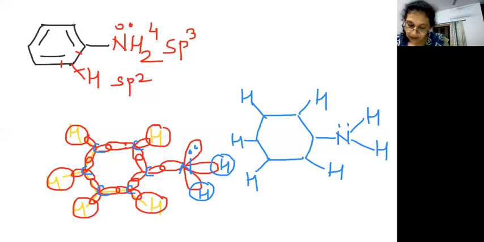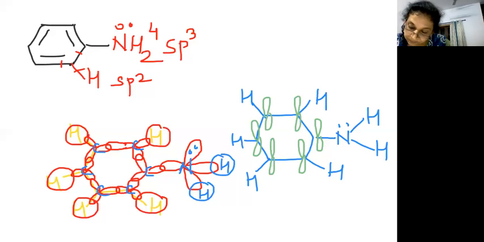Now on each of the carbon atoms, there is an unhybridized p orbital. So let's make the unhybridized p orbitals on each of the carbon atoms. That's how we've made the p orbitals. And now what we need to do is join the topmost orbitals.